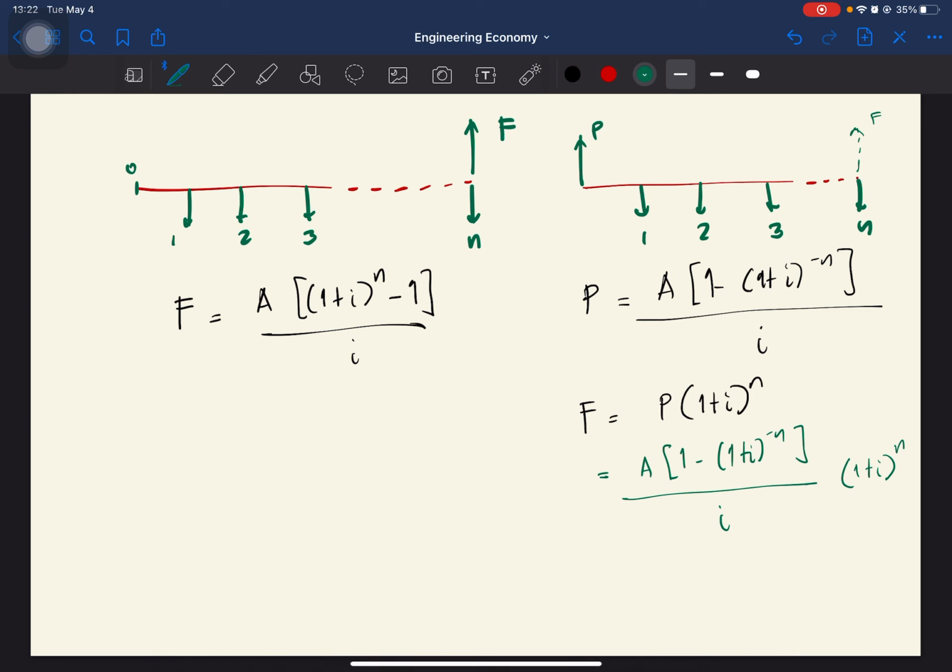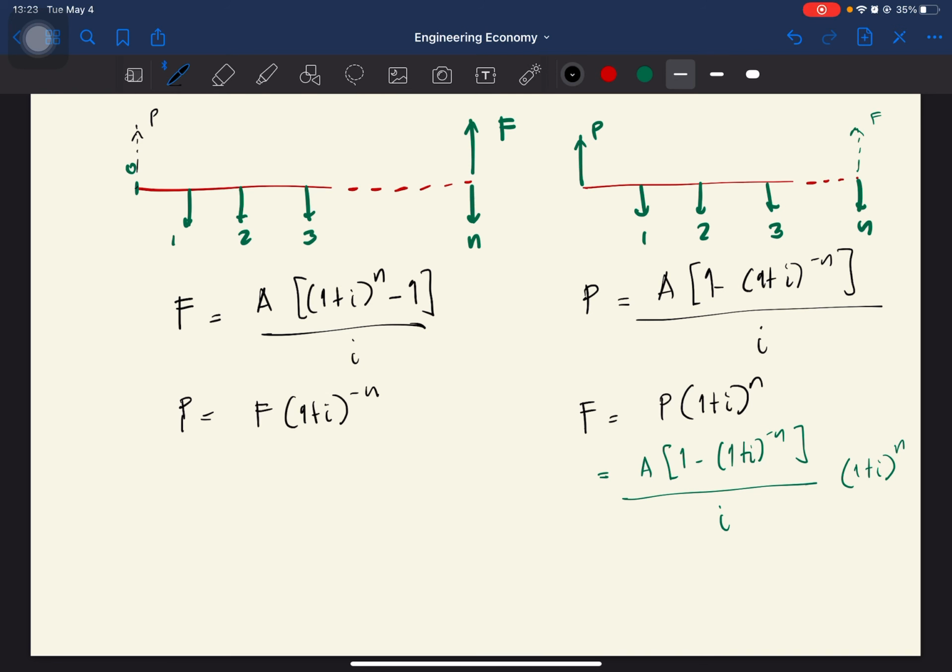Or, this F, you can use it to get the present worth P. Same thing. If you want to get the value of P given F, then move your F back to that time. So P equals F times 1 plus I raised to negative n.